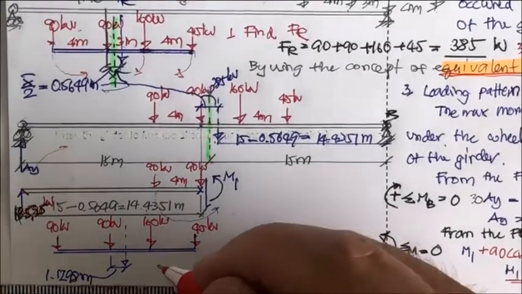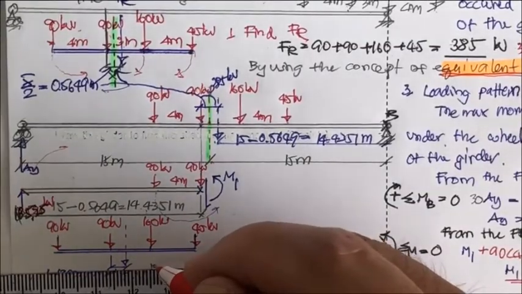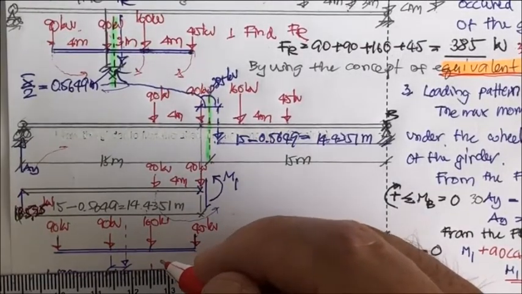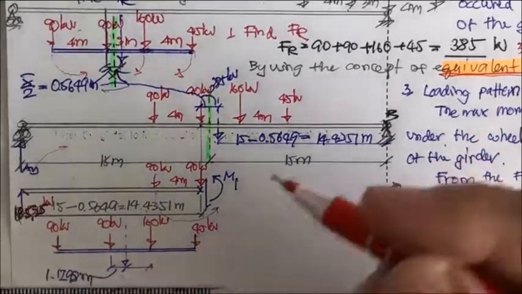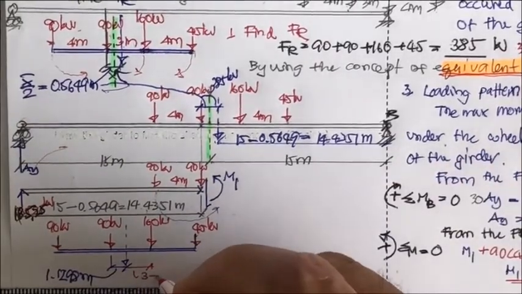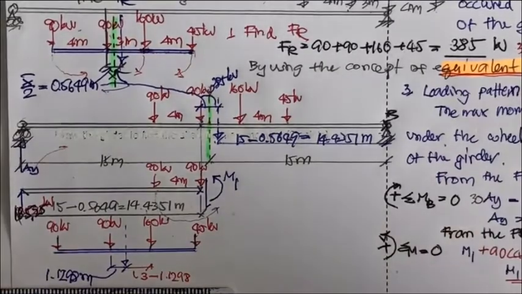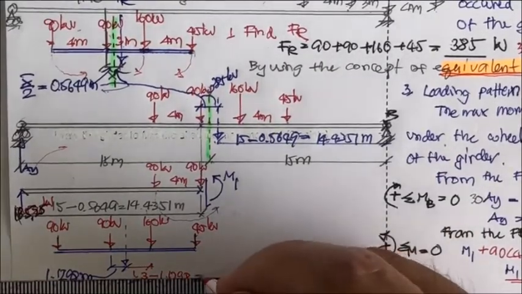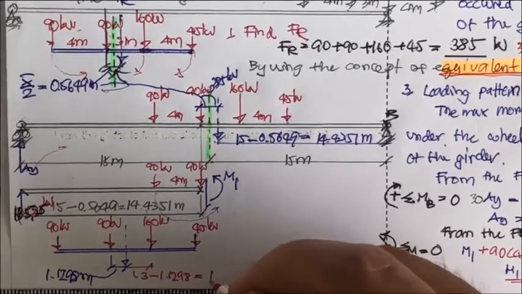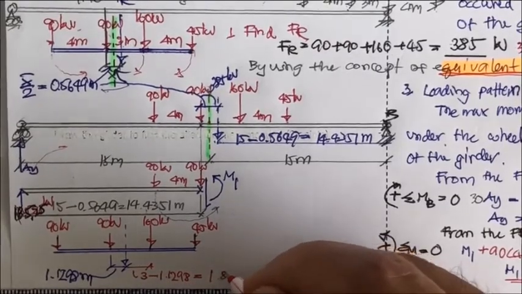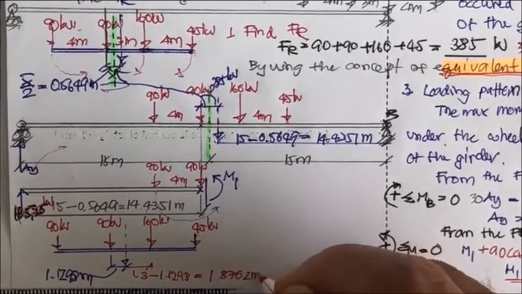So the length of this is going to be 3 minus 1.1298, and then you're going to get this one for 1.8702 meter.